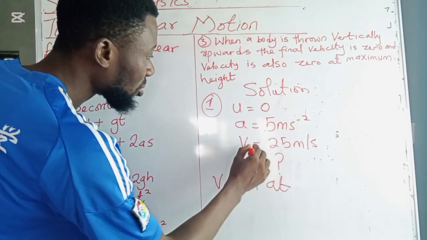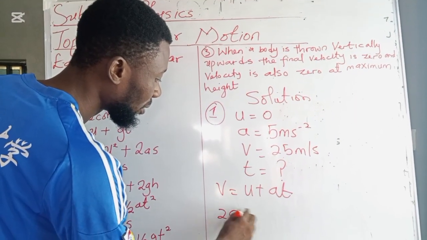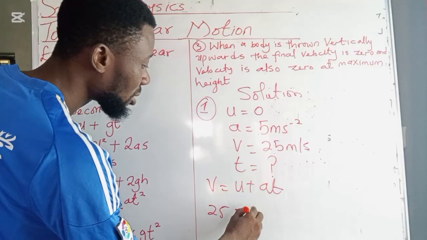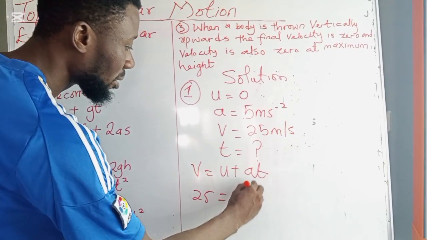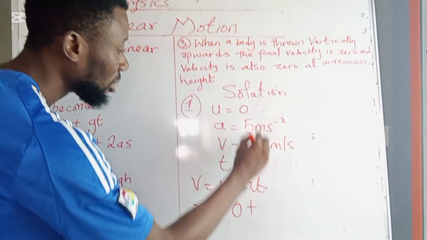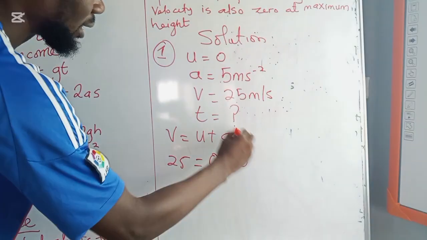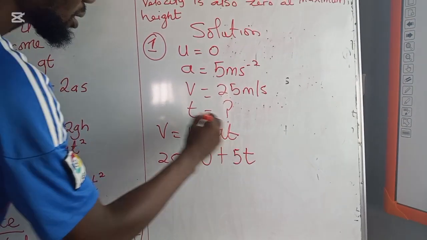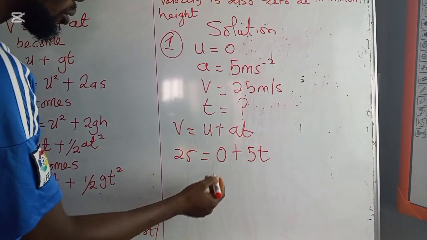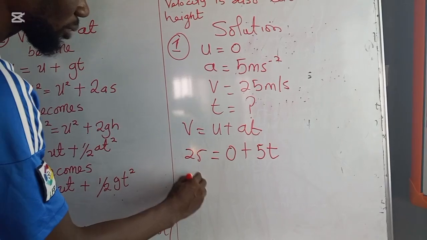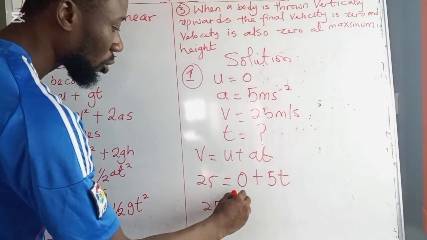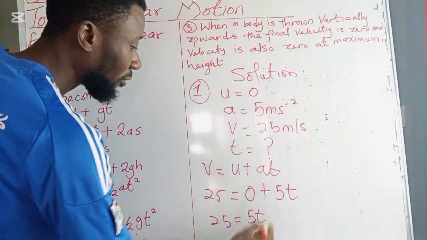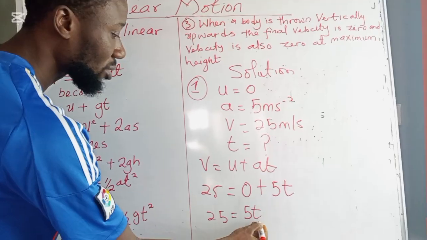Now our final velocity v is 25. 25 is equal to the initial velocity, which, since it starts from rest, is 0, plus acceleration, which is 5, times our time t, which we are looking for. Since this is 0, we have 25 equals 5t. For t to stand alone, what do we do?